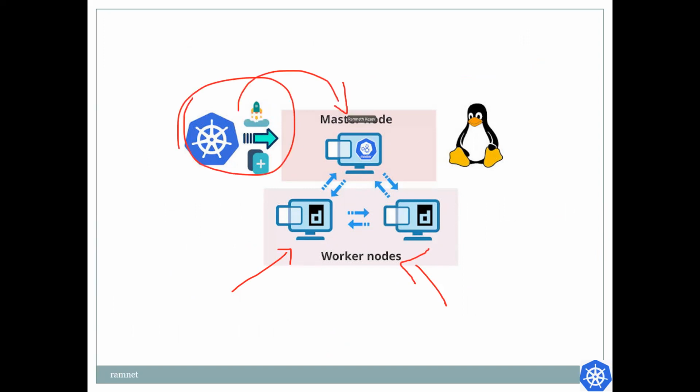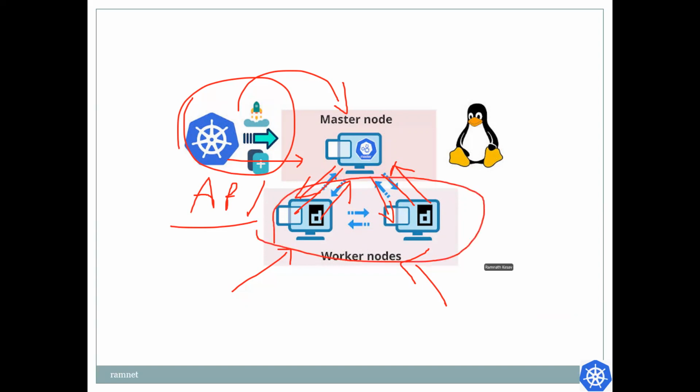So communication happens between the worker nodes and the master nodes as and when required. The commands which come from the API, given from the outside, are controlled by the master node. We'll see that in the next slides.